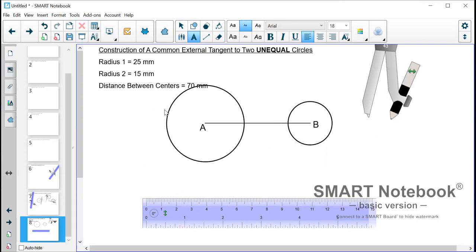So we obtain the two circles and it fits the condition that we are working with, which is the centers being 70 mm apart.